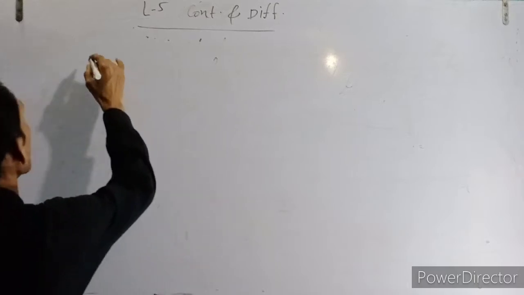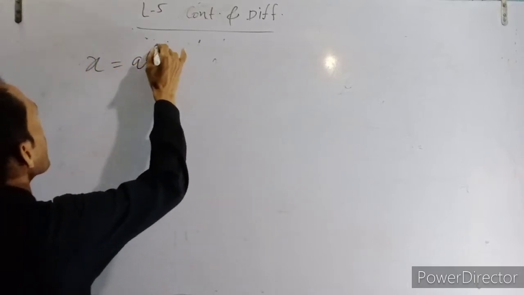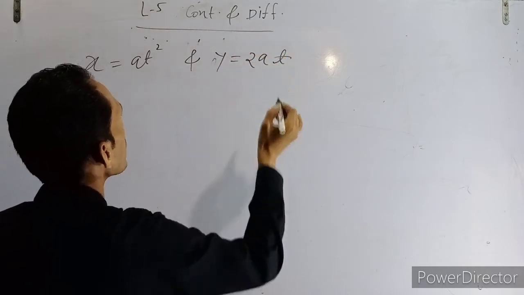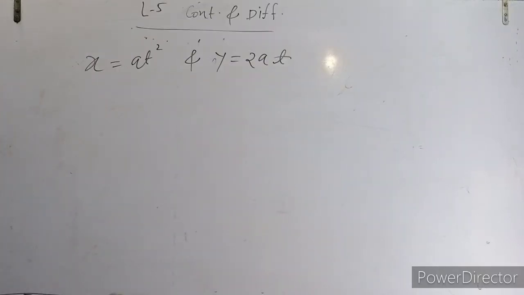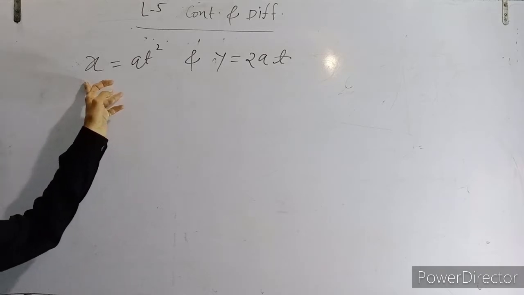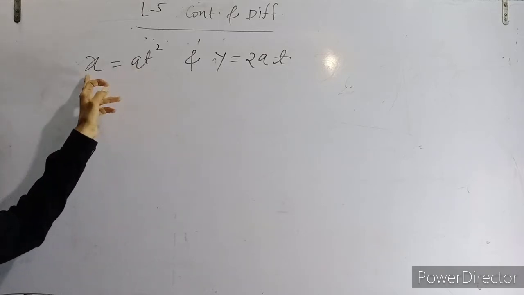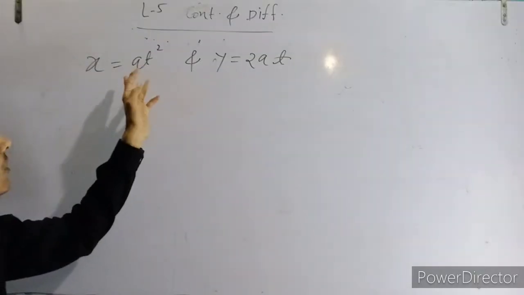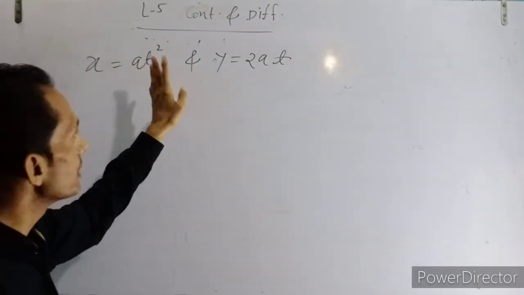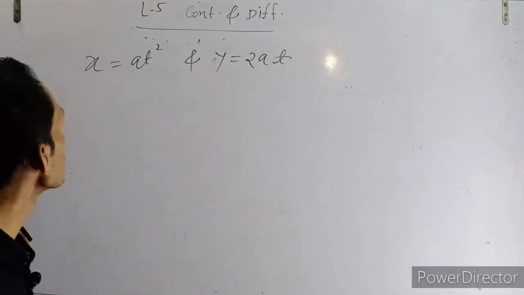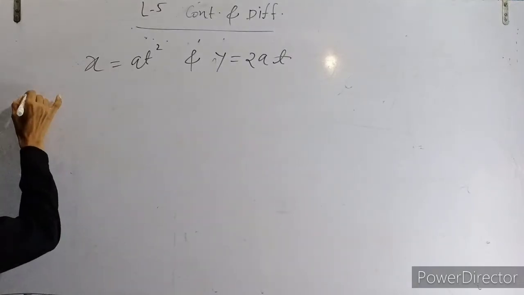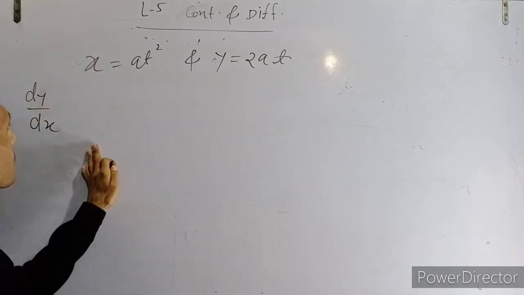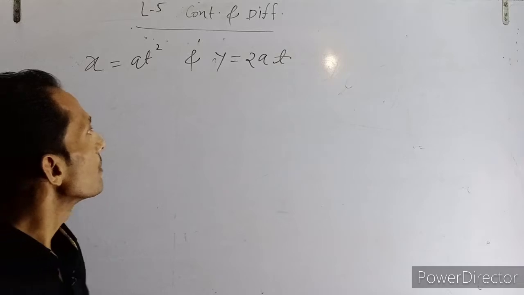Suppose x equals at square and y equals 2at. Both functions are in the common variable t. In such a case, how can we find dy by dx? These equations are called parametric form.